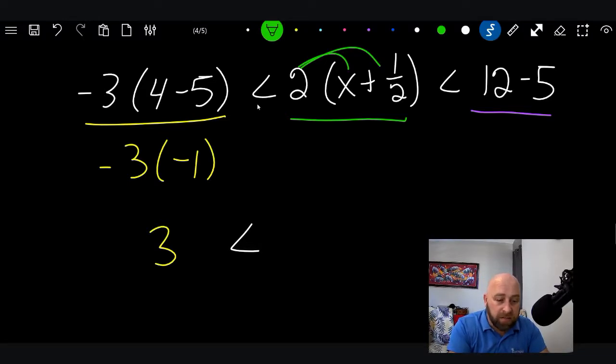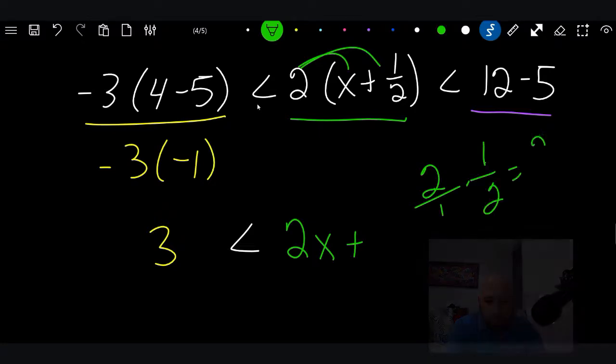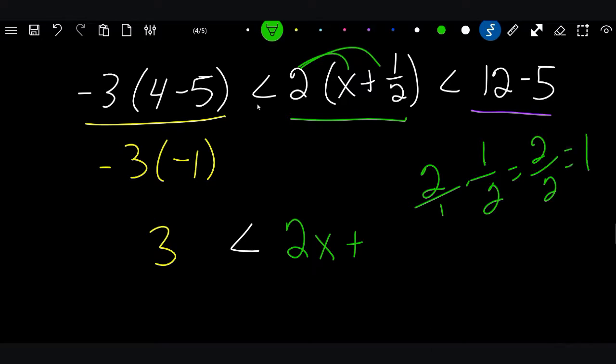So we're going to get 2x plus, well, what is 2 times 1/2? Well, you should know that, but 2 over 1 times 1/2 is going to equal 2 over 2, which equals 1. Okay, 2 times 1/2 equals 1. So let's go ahead and put our 1 here, and so we're done with that one.